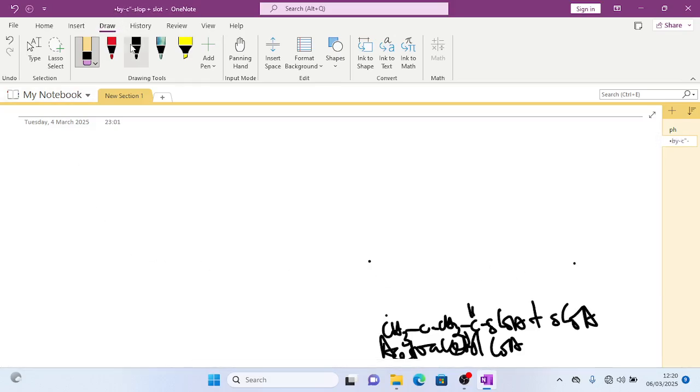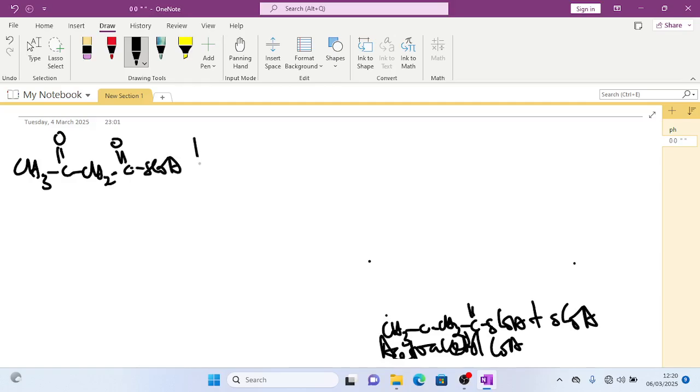So the acetoacetyl-CoA, we combine with what?